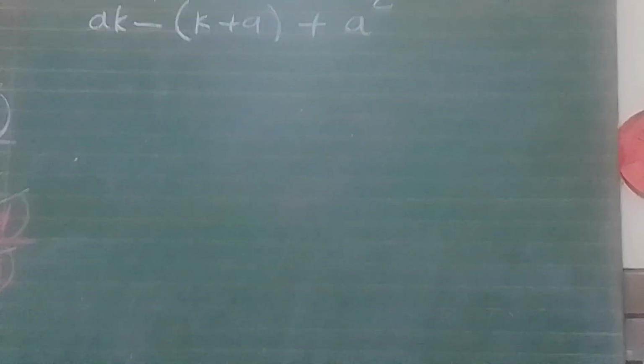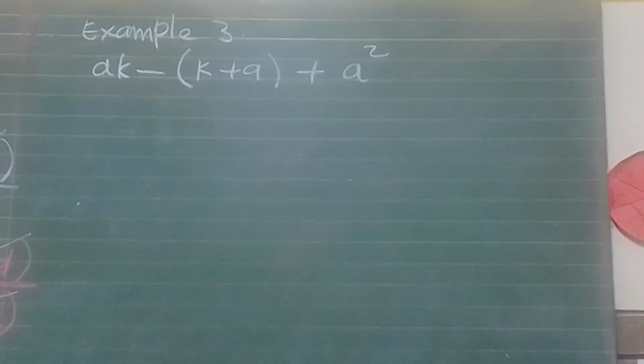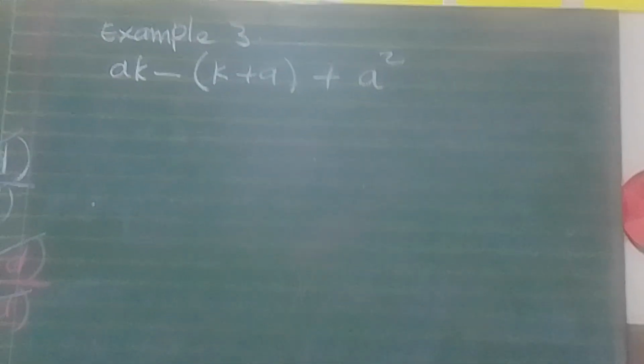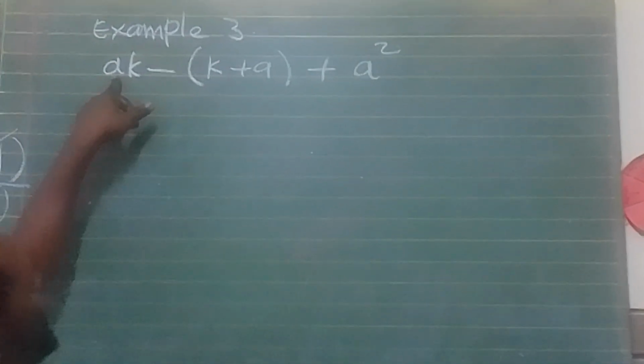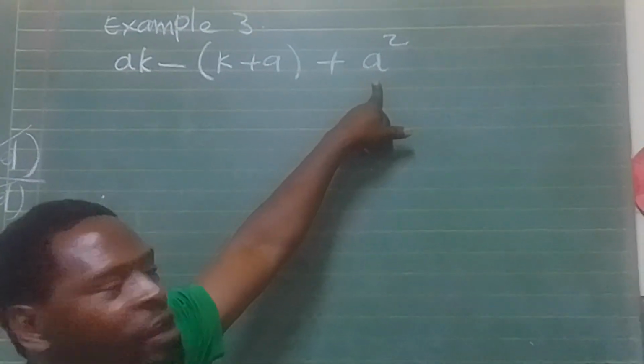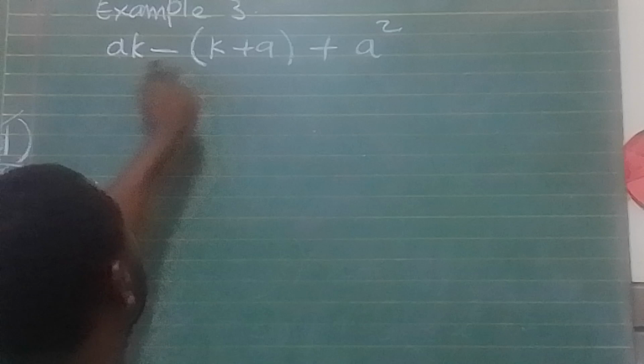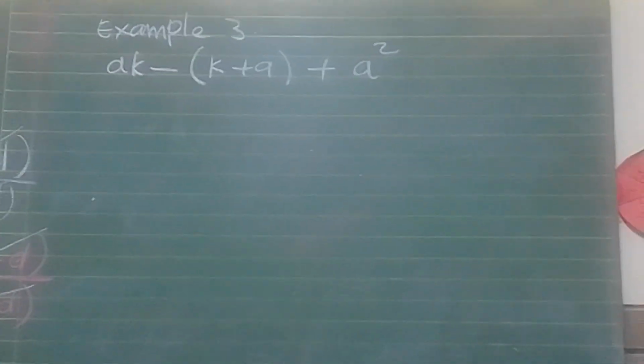Now this is a little bit different, but what you can see is you have your A matching with your A squared. So you can group them. Remember, you must group them.